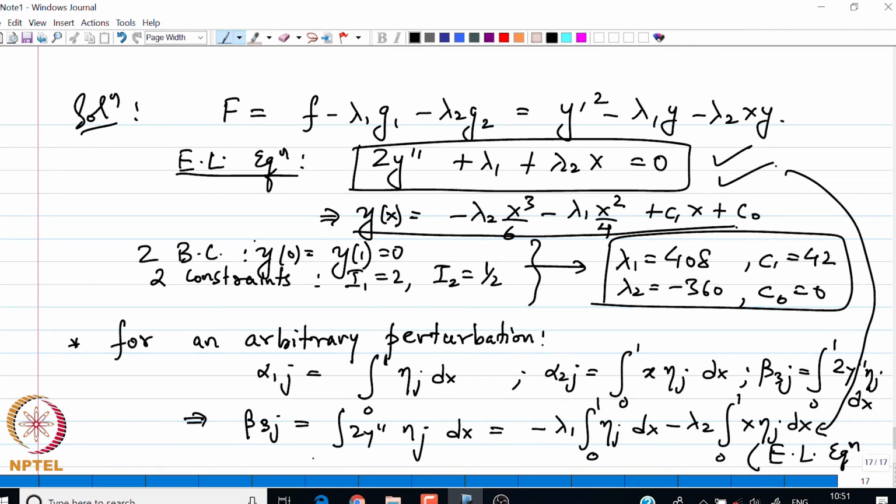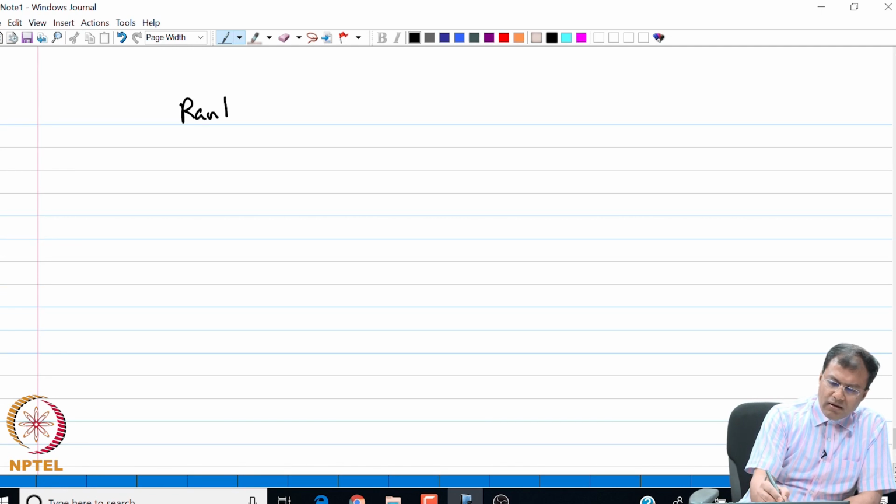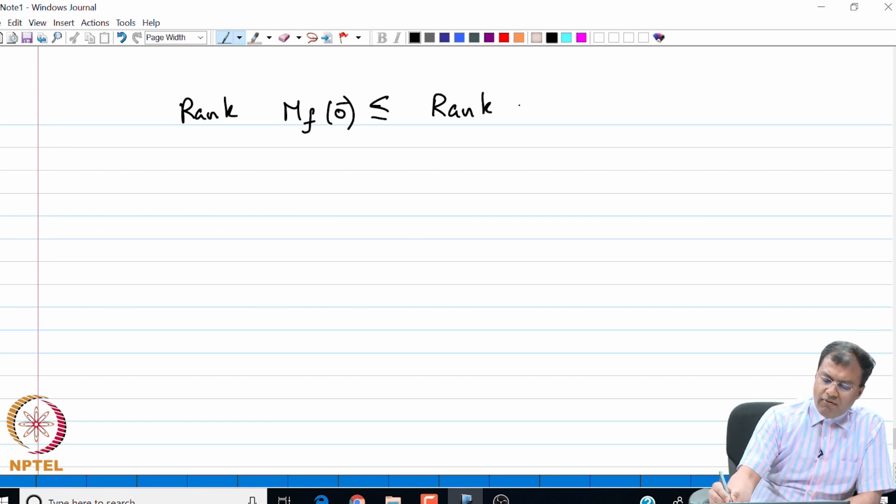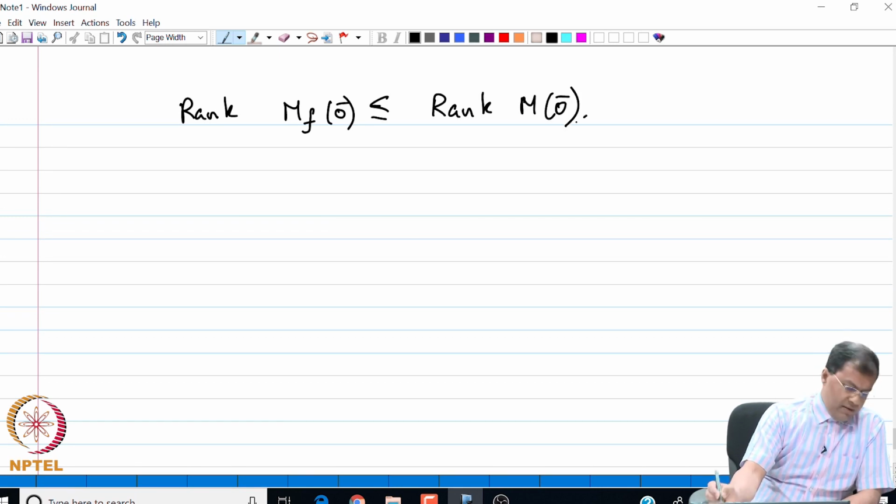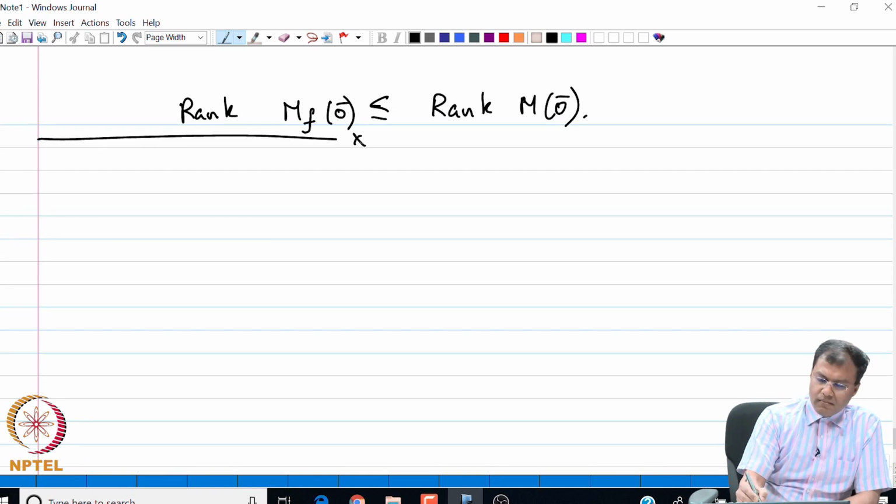So, beta 3 comma j is negative lambda 1 times alpha 1 comma j minus lambda 2 times alpha 2 comma j, which means my third row is linearly dependent, and the conclusion is obvious: the rank of my augmented matrix is bounded above by the rank of my Jacobian matrix. Okay.